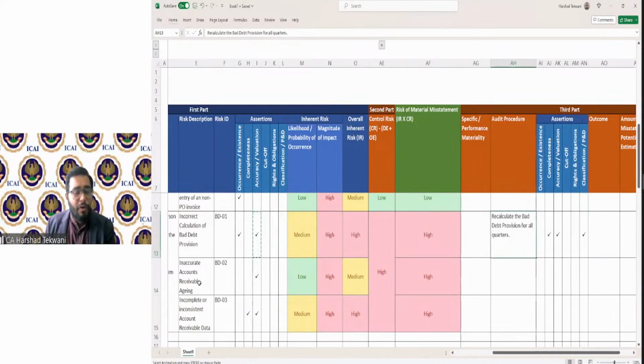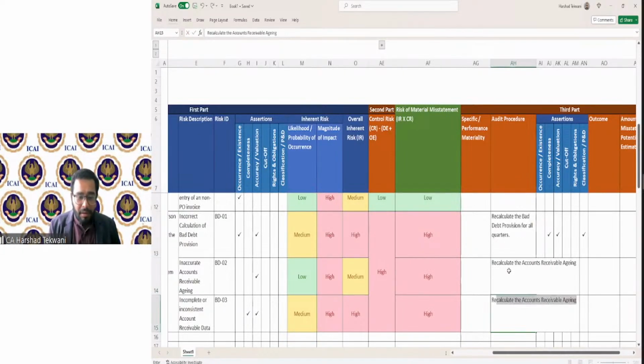Plus inaccurate accounts receivable aging. I may recalculate aging. Accounts receivable aging. Okay, inconsistent and incomplete data.